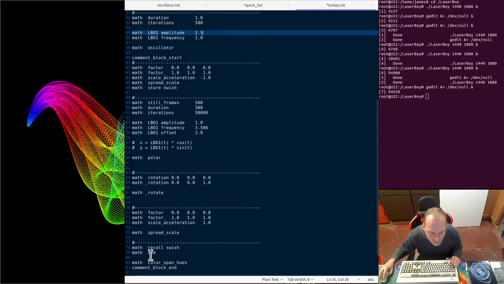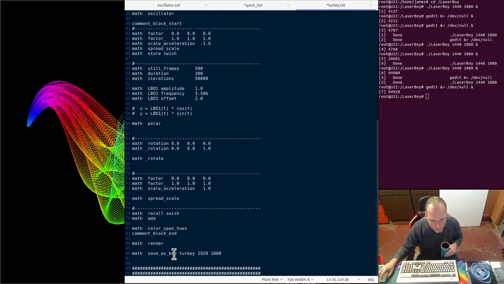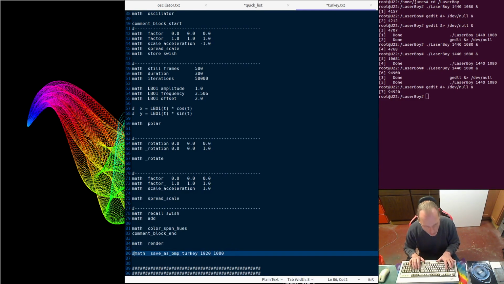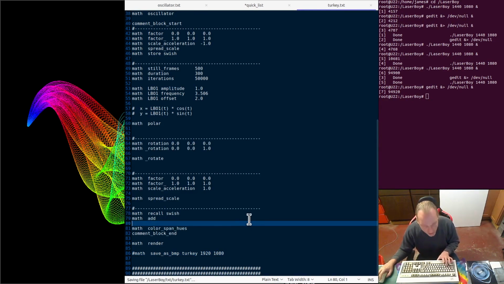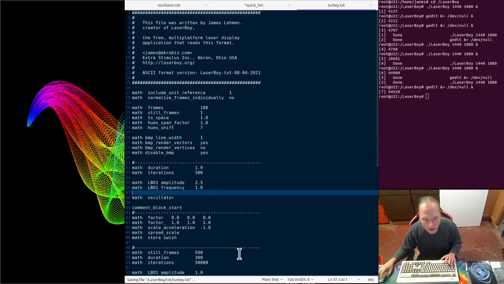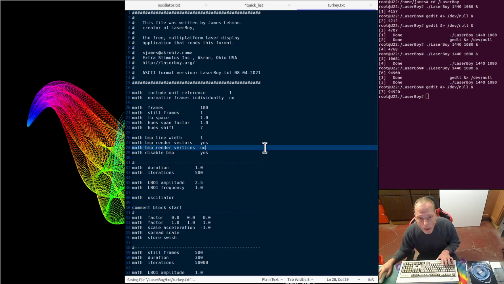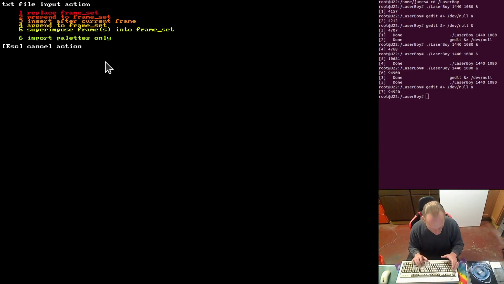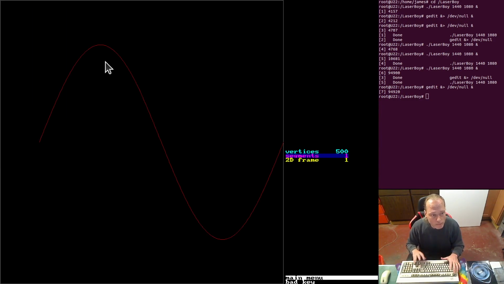The render's still in there. Let's just take this out for a second. Let's save this and see what this is. And by the way, we're also showing the unit circle. And you get a sine wave, just like you would expect.